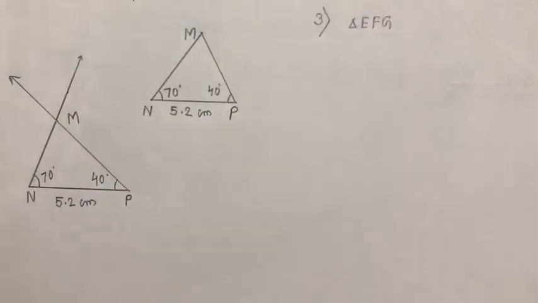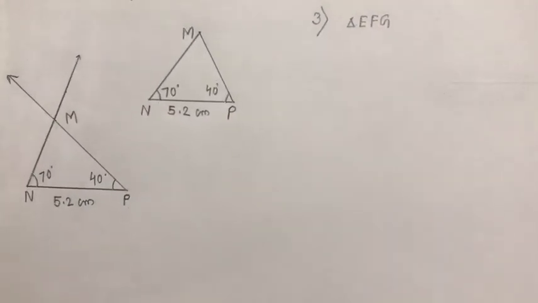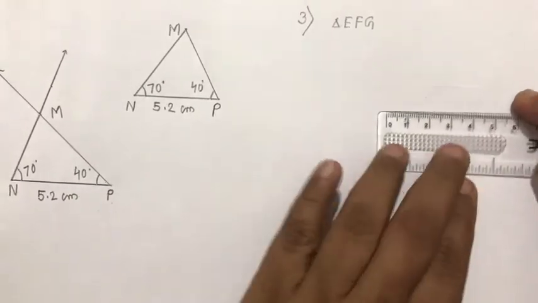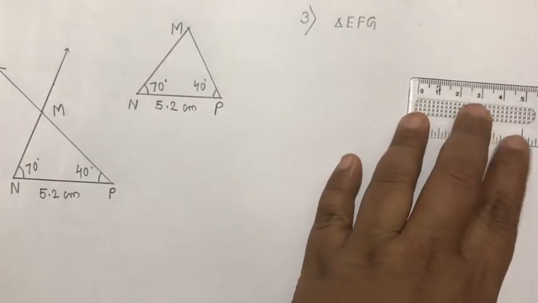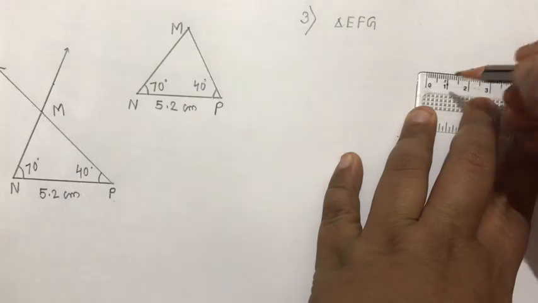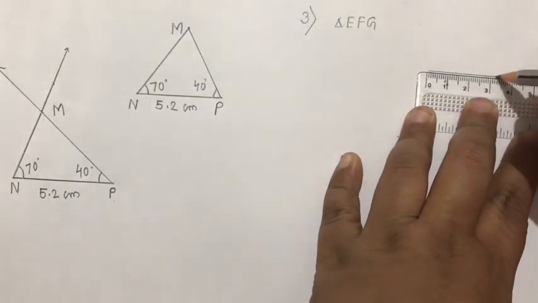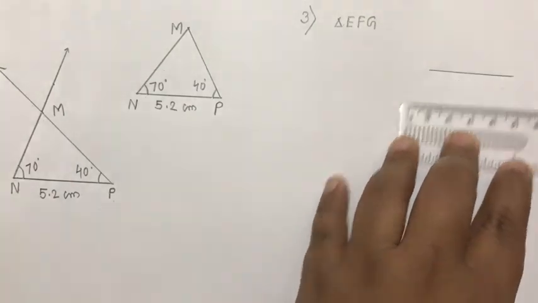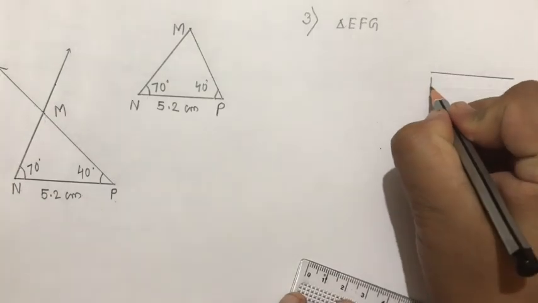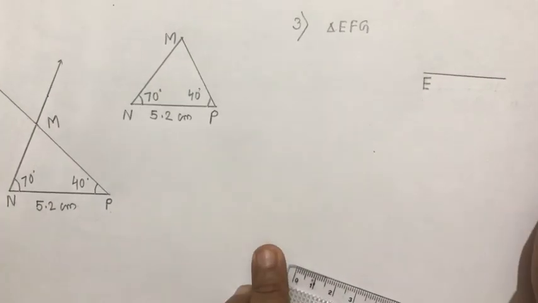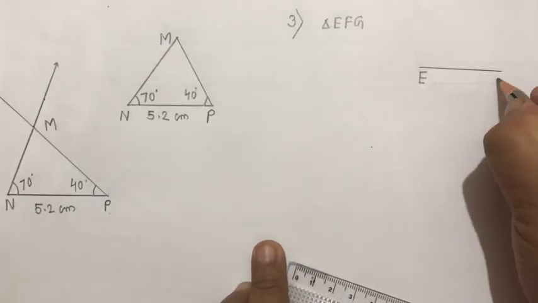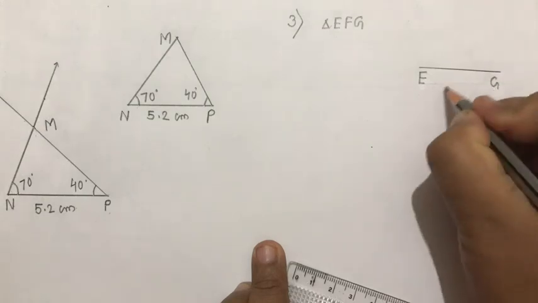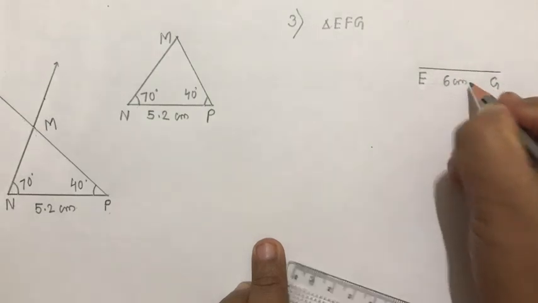So we'll draw first of all rough diagram. EG 6 centimeter. Since it is a rough sketch, you can take any measurement. So EG, you can write here 6 centimeter.